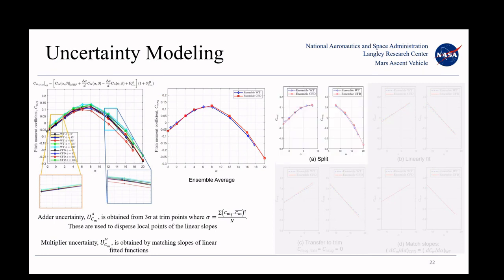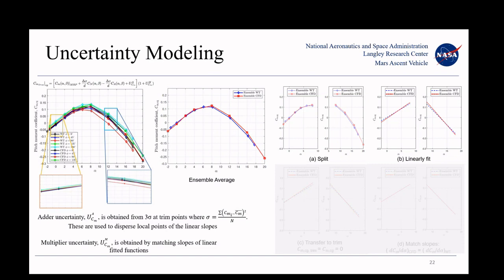And from there, we can split the curve into a lower angles of attack region and a high angles of attack region, and we can provide just a very basic linear fit. And these linear fits, you can almost see they have different slopes, meaning that the differences in the flow physics can be accommodated by the adders and the multipliers.